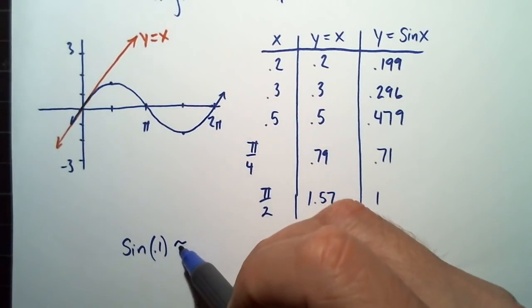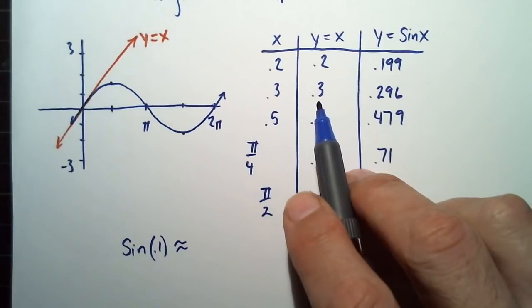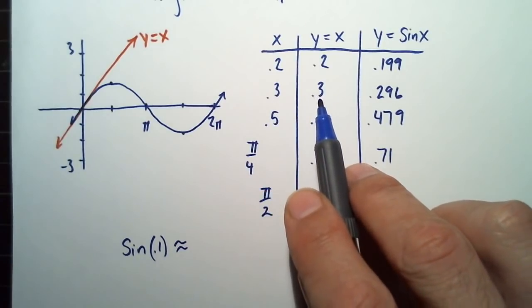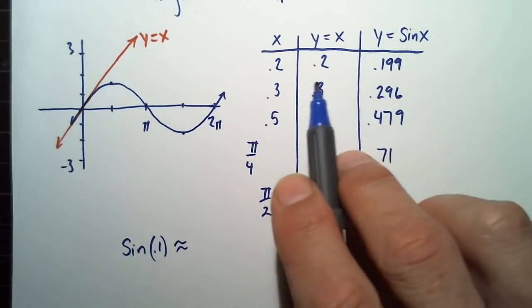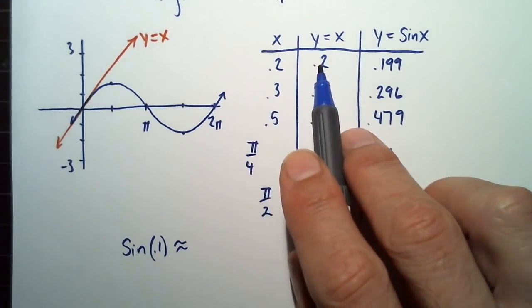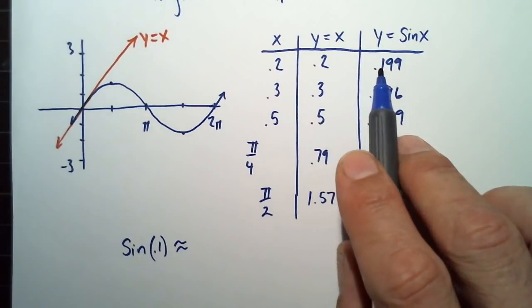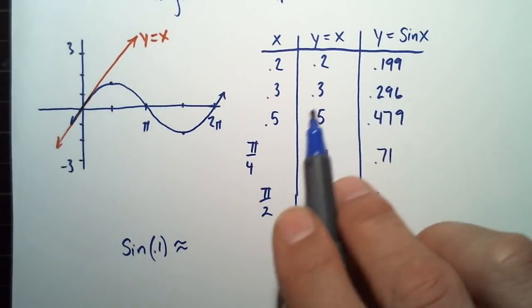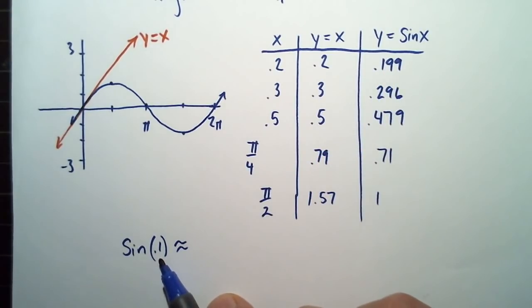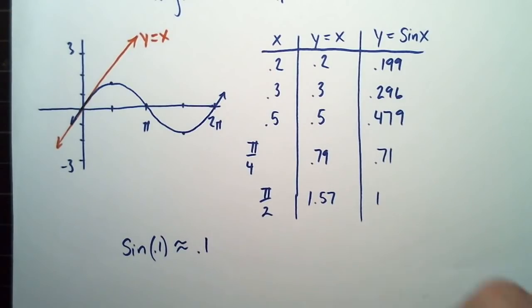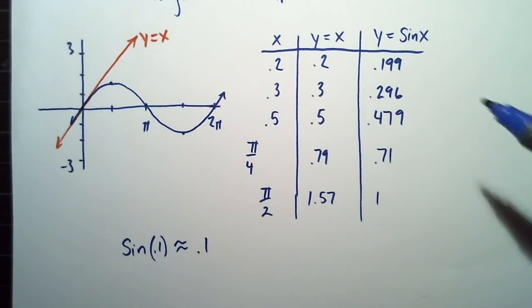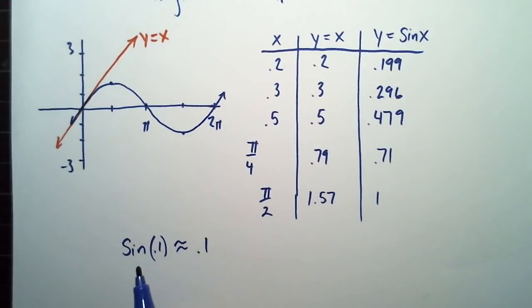So if we look at 0.3, the tangent line is 0.3, and sine is almost 0.3. At 0.2, the tangent line is 0.2, sine is almost 0.2. So at 0.1, the tangent line is 0.1, and we would say that sine is approximately 0.1. So there's an approximation. We used what we saw in the table to approximate the value of sine at 0.1.